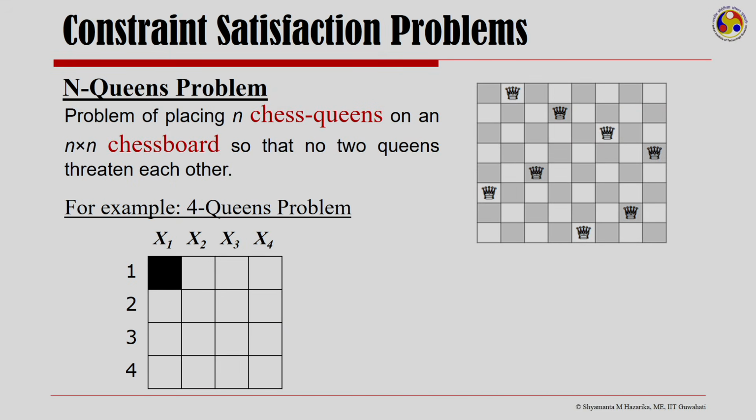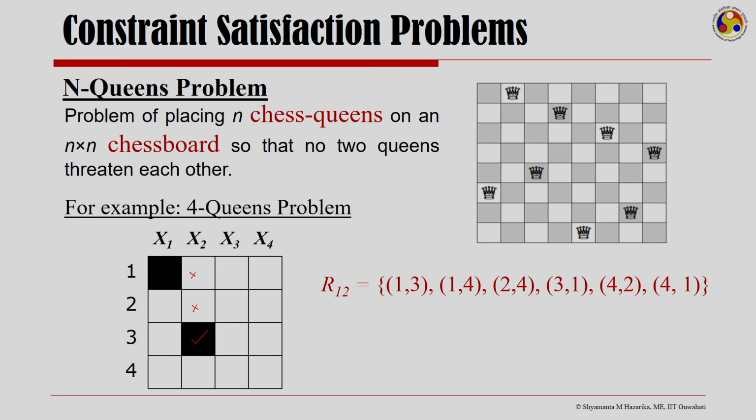Like if we start with a queen here and look for what could be the position of the second queen, we will specify a constraint between 1 and 2: a queen cannot be here, a queen cannot be here, but we can place a queen here. So, that is what we are looking for, and therefore, a constraint that says 1 and 3 is satisfied between the first and the second queen could be explicitly stated. So, we have 1 and 3 here.